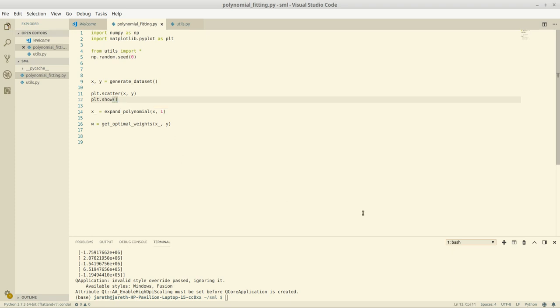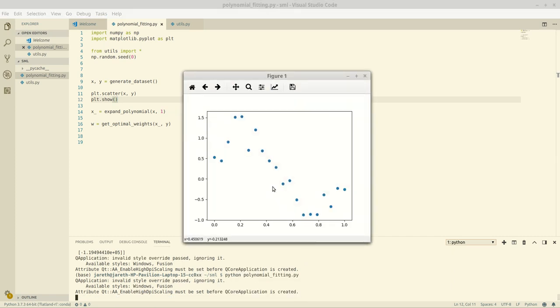Okay, I'm going to run this. This is what our data set looks like, where this is our x. I should have put a title there, but you should get the idea. This is our x and this is our y. We are trying to find the best line for this.